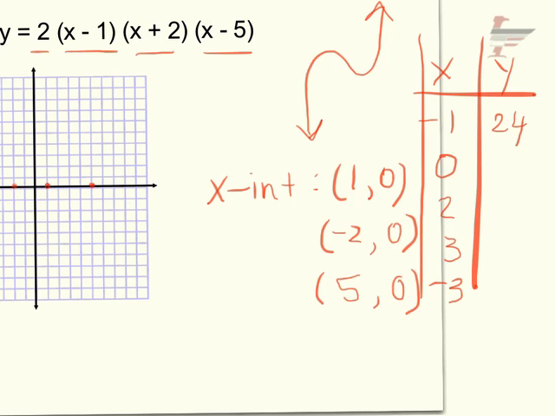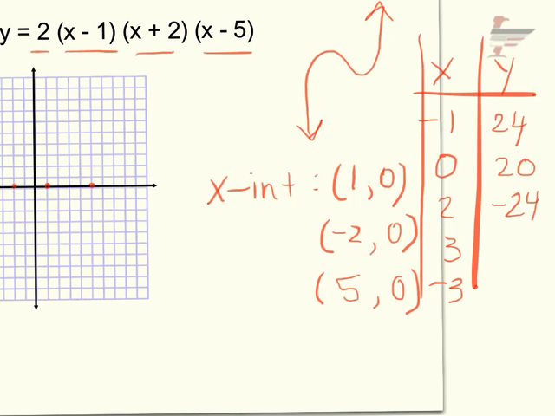Now I'm going to do 0. So 2 times negative 1 is negative 2, times 2 is negative 4, times negative 5 is positive 20. I'm going to test 2. So 2 times 1 is 2, times 4 is 8, times negative 3 is negative 24.